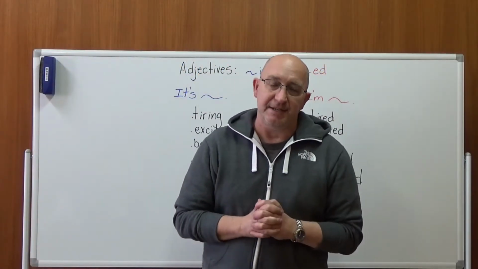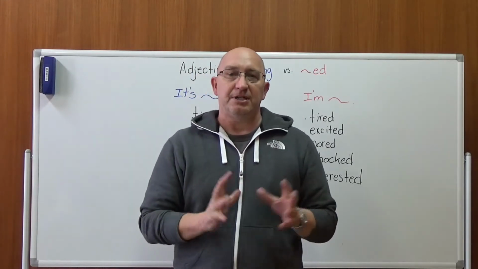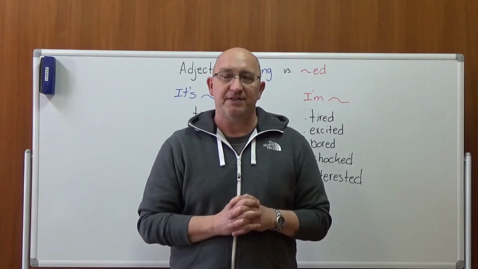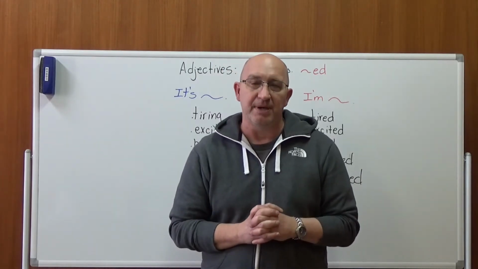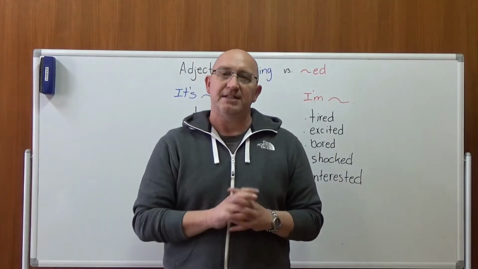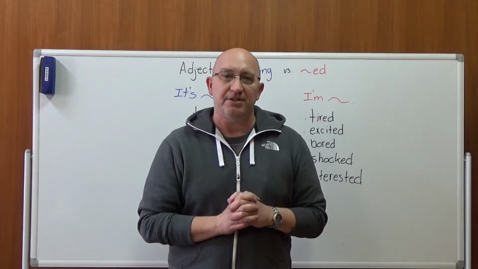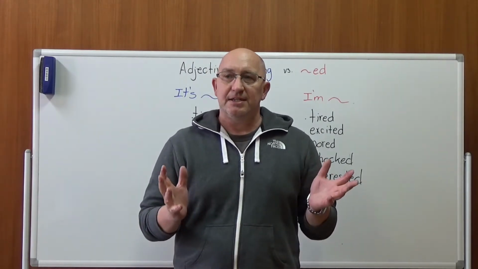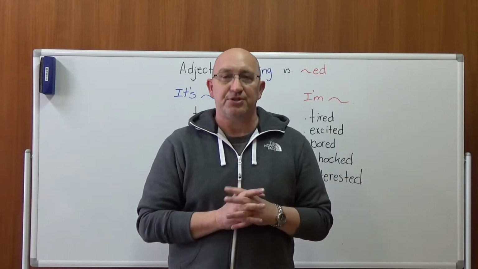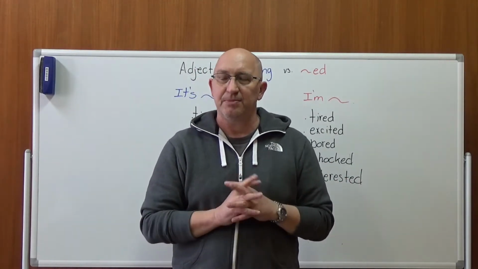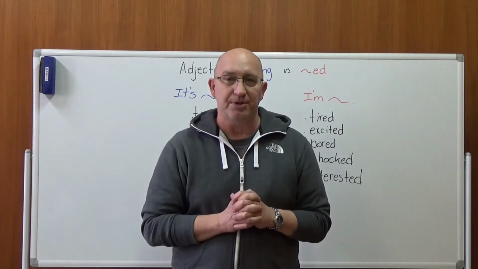For today's lesson, we're going to talk about some adjectives. Now, adjectives is a word you don't need to remember. In Japanese, that means keiyoshi. But the adjectives we are going to talk about today are sometimes misunderstood. Sometimes people have a little bit of trouble using these words.